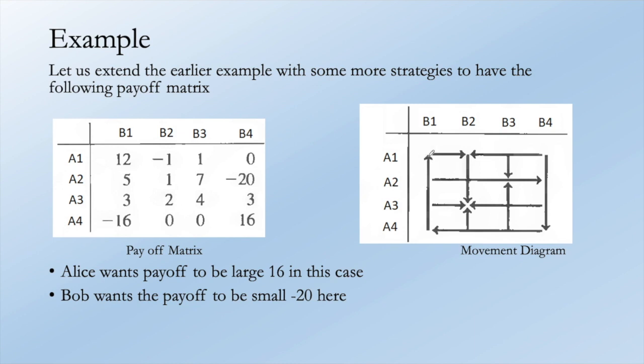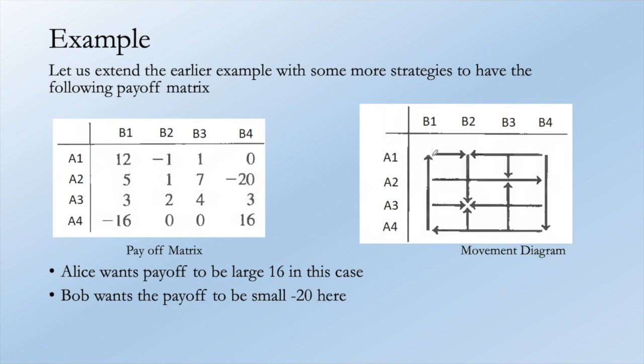As soon as Bob realizes that Alice has given strategy A4, Bob will move to B1.